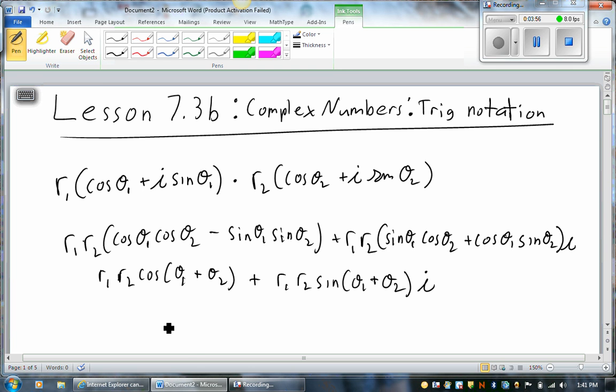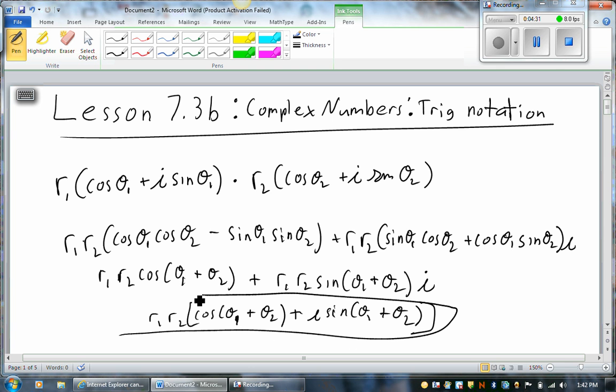One more thing, we can pull out our GCF and get r sub 1 r sub 2 times the cosine of theta sub 1 plus theta sub 2 plus i times the sine of theta sub 1 plus theta sub 2.